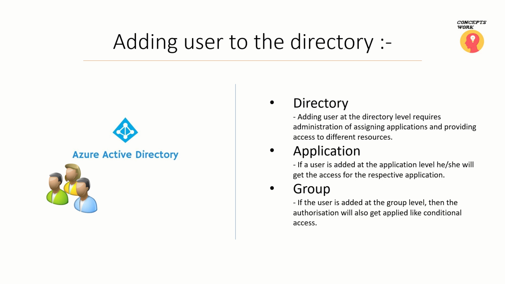All the conditional access policies that you have scoped for that group will also work as expected. So these are the three different levels at which you can add a user.